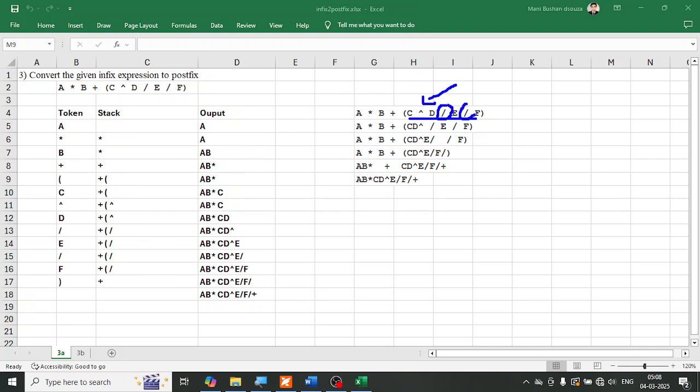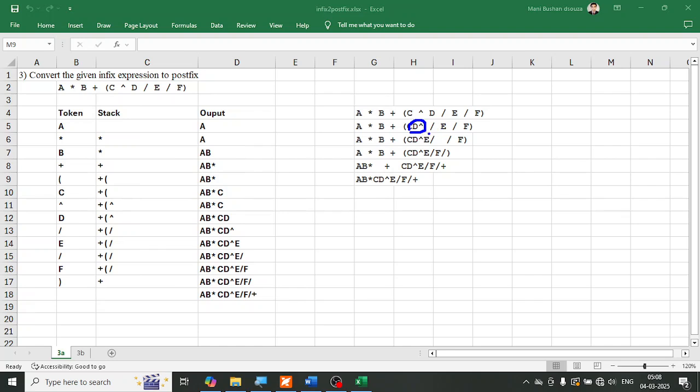So let us apply the postfix on this exponent. Now what is the postfix? You write the operand first and you shift the operator after the operands. So you write the two operands C D and then write the operator. So this part is over. Now look at the remaining.